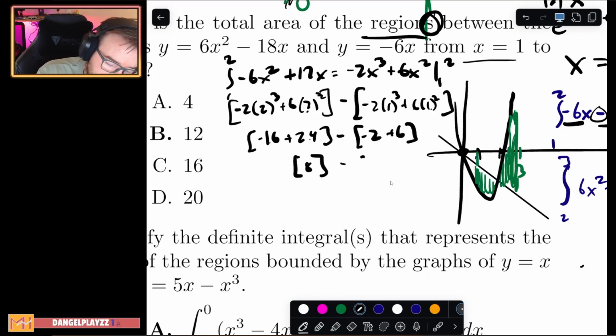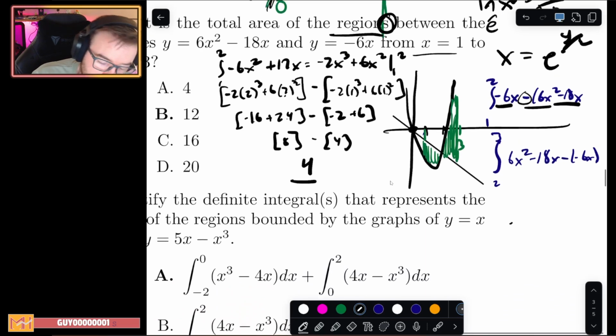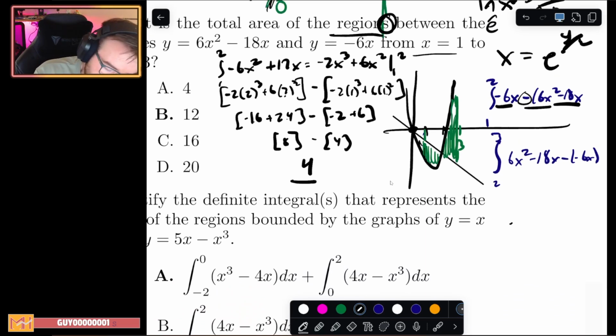Negative 2 plus 6 is 4. 8 minus 4 is 4. Okay, there's that one. So that's this region, I think, as long as I didn't screw anything up.